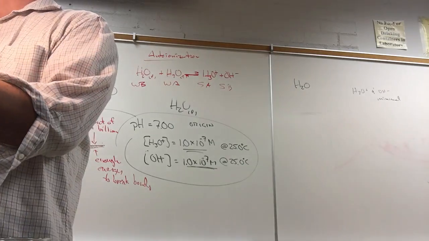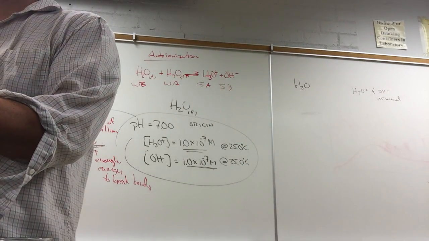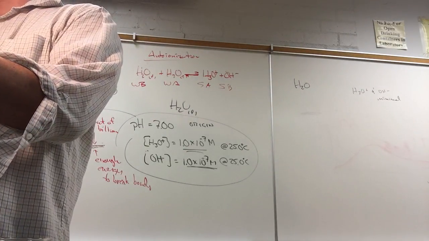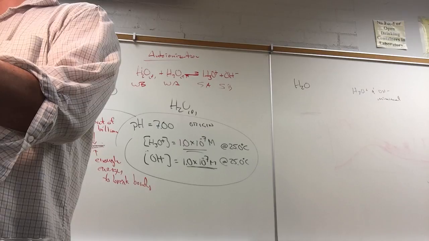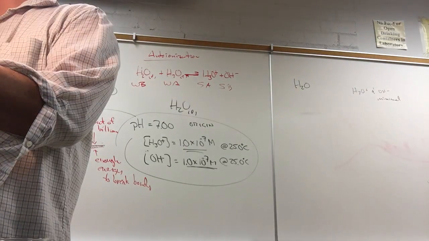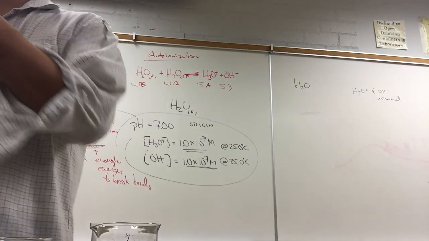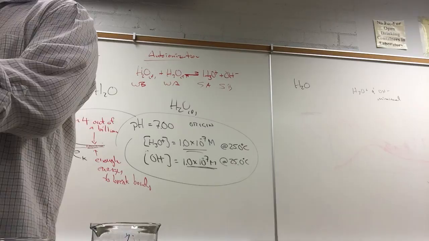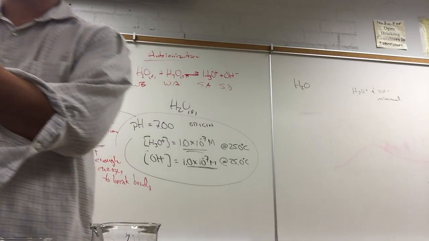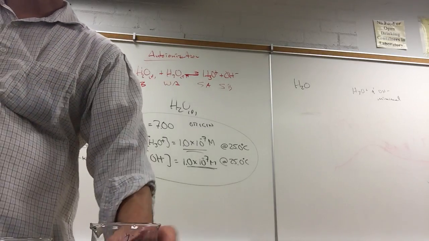Why does salt water conduct electricity so well? Oops, it's a bad connection. I'm going to put this on a ring stand, but I don't have a ring stand. Well, why does salt water conduct?